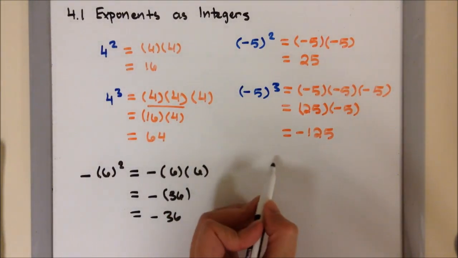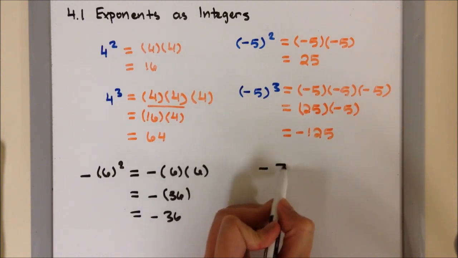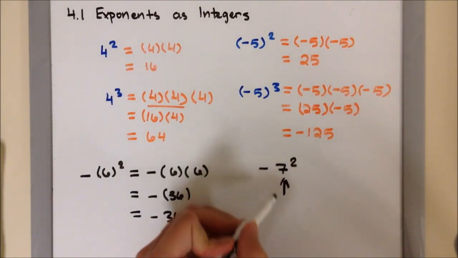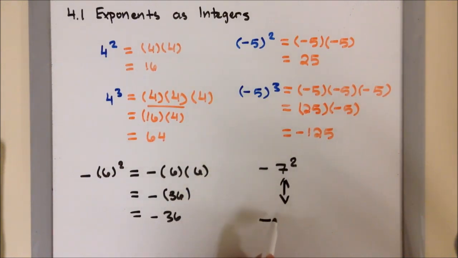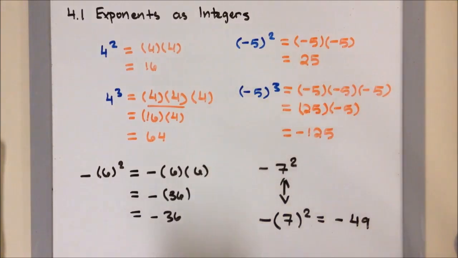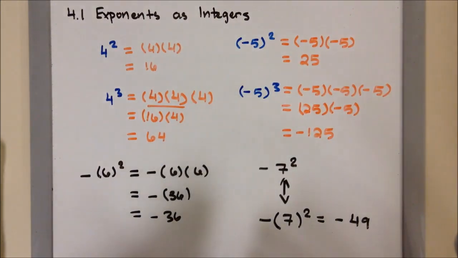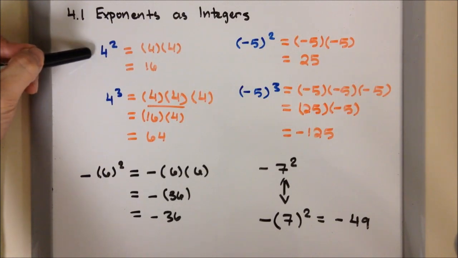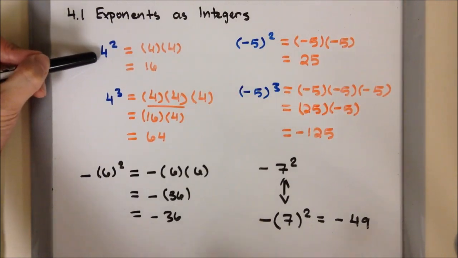Sometimes when you see something like this, negative 7 squared is the same format as this: negative parenthesis 7 close parenthesis square, which will simplify into negative 49. Now pay very close attention. When there's no parenthesis and no negative, it is safe to assume that you are squaring a positive 4 or a positive number.